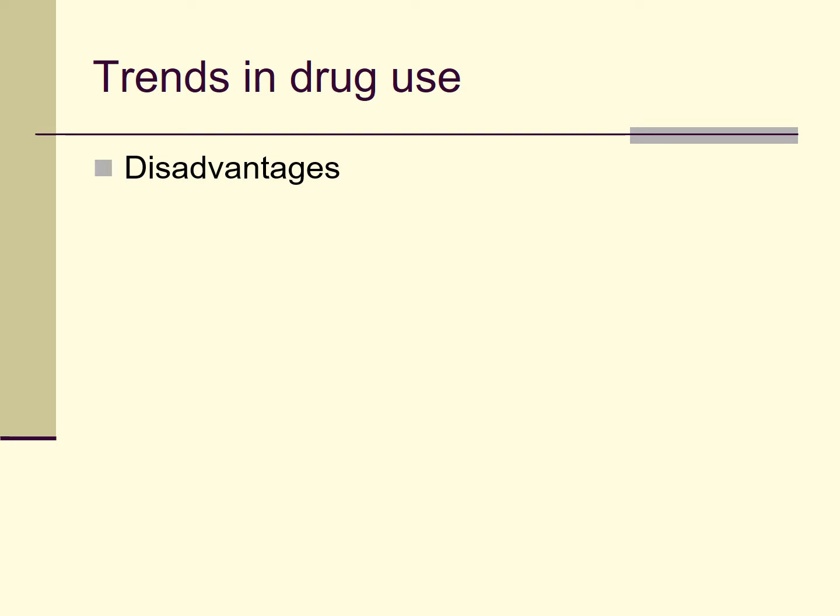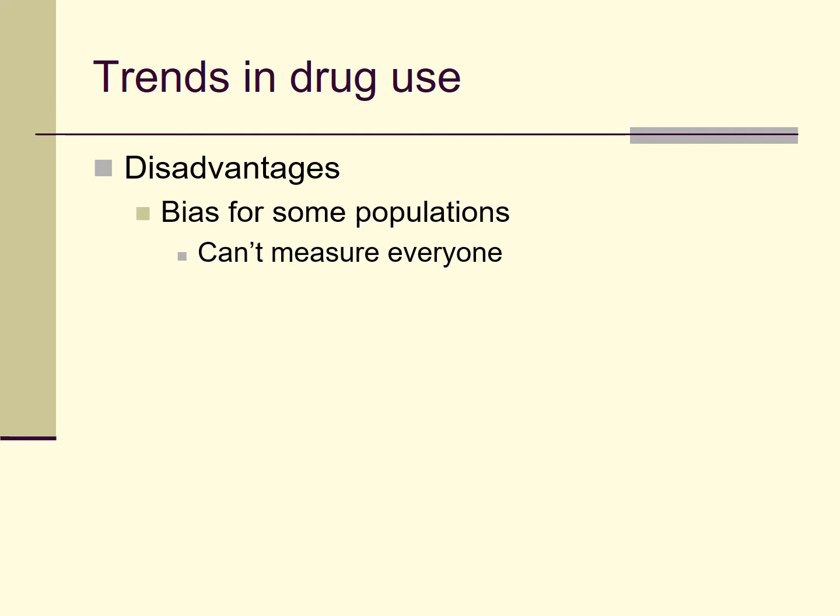So in the case of survey-based research, some of the disadvantages are that this type of research can be biased for some populations, meaning that it doesn't measure very well everyone within a particular population of people. And I'll get to more about what I mean about that in just a few more slides.